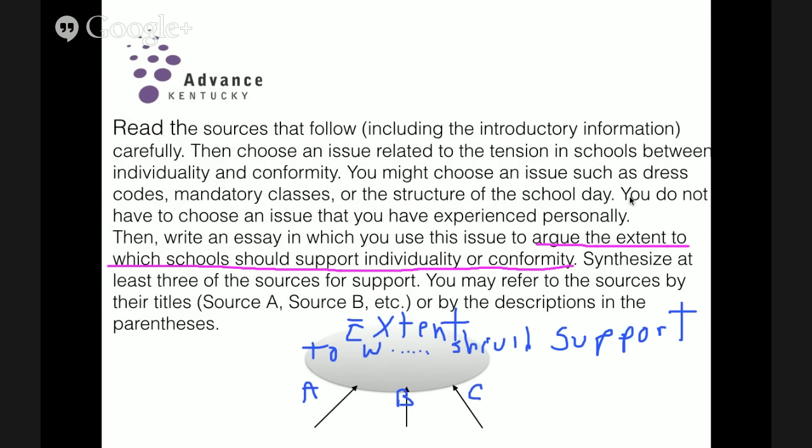You're going to use the sources to argue the extent to which they should support. That's very important to remember, that this main thing right here is what you're arguing. That's what you're talking about. The sources are only there to back you up. Okay?